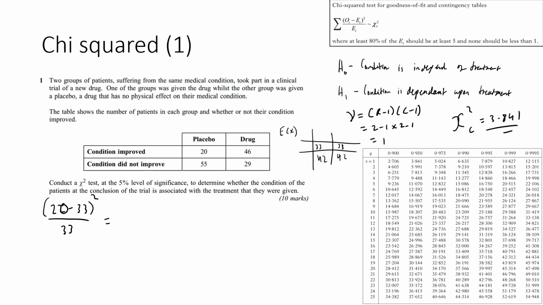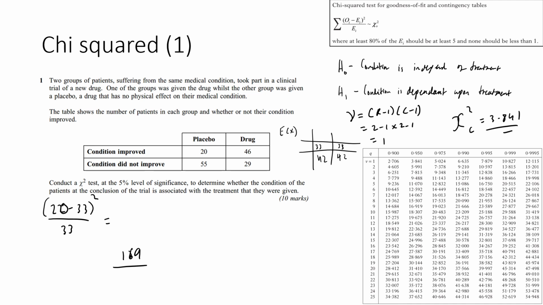Now, before I do that for every number, some of you may have noticed that if you compare the expected values with observed ones, there's always a difference of 13. So you have 20 here, you have 33, the difference is 13. 46 here, 33 here, difference of 13. 29, 42, difference of 13. 55, 42, difference of 13. So to speed this up, what you could do is just do 13 squared, or even just 169 over each expected value added together.